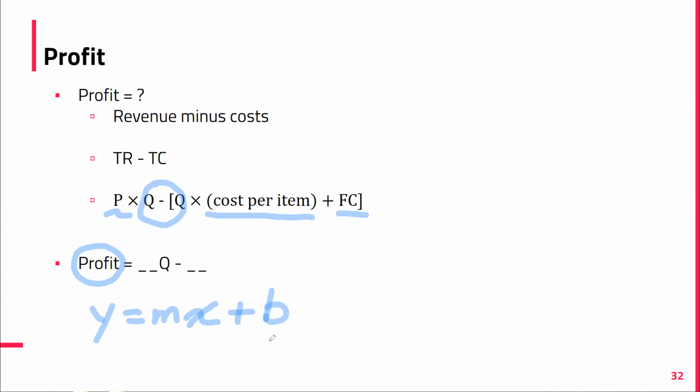So we can make a single linear equation that represents this because these values will be fixed. And again, if the values are not fixed, then we can make a different equation, but we'll get to that later. So costs we can represent with a straight line. Revenue we can represent with a straight line, and if we subtract one from the other, we make another straight line that represents profit.